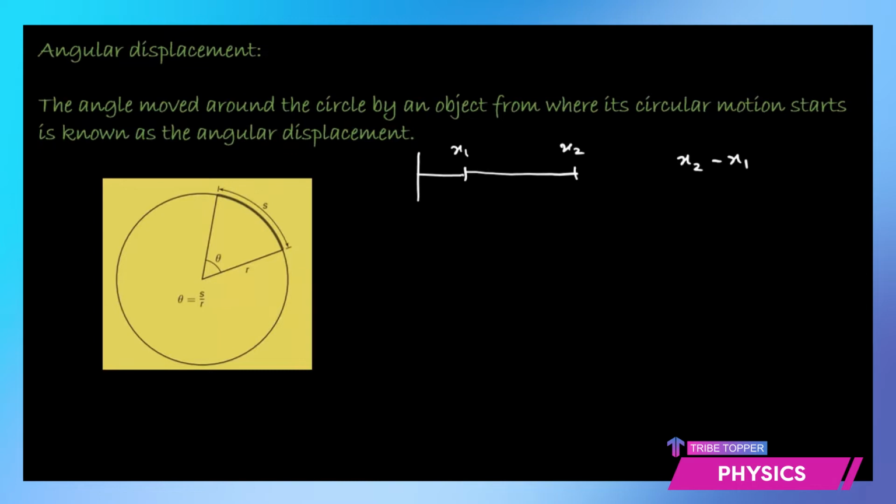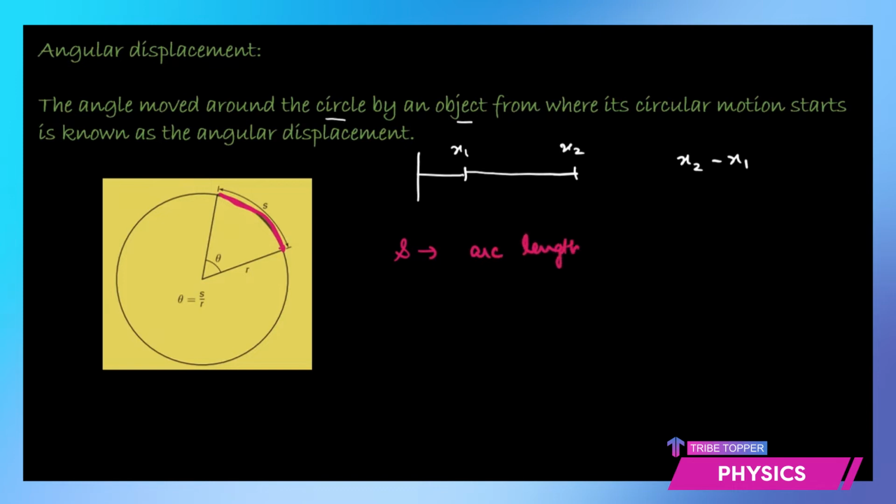But in case of circular motion, it is the angle that an arc will trace out that will be the angular displacement. So the definition is: the angle moved around the circle by an object from where its circular motion starts is known as the angular displacement. Like if I have this arc, in the figure it is marked S, that is the arc length.